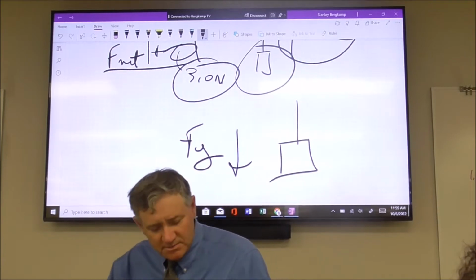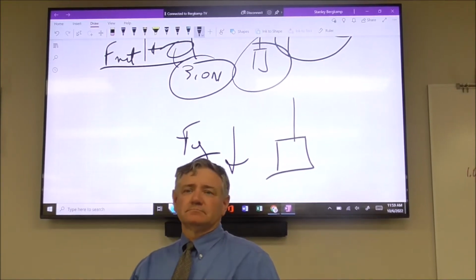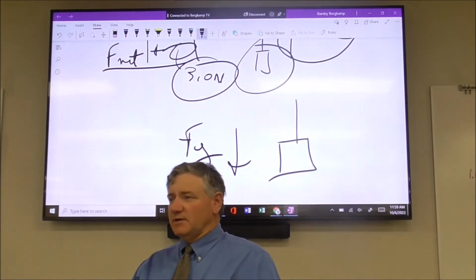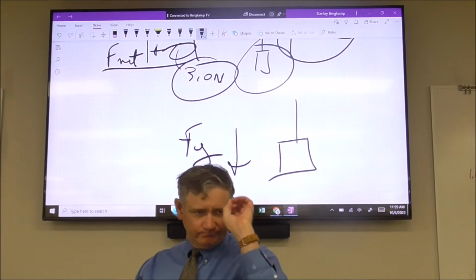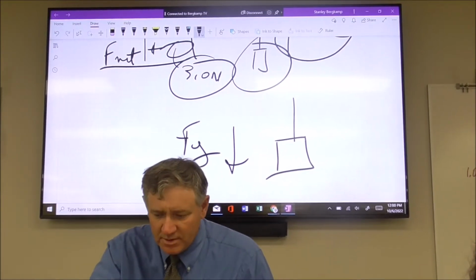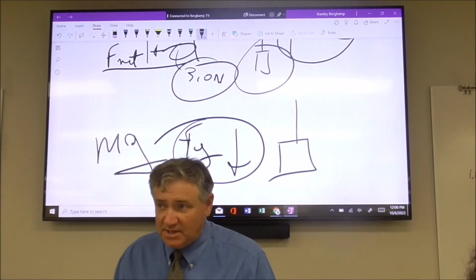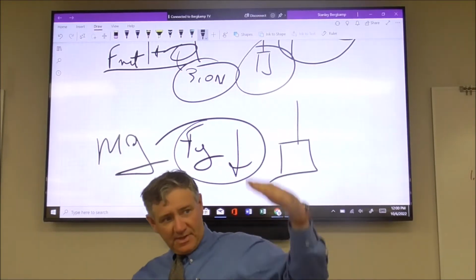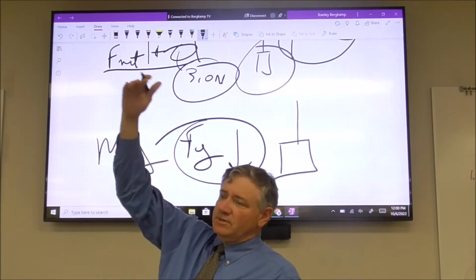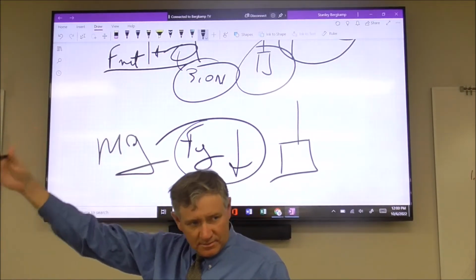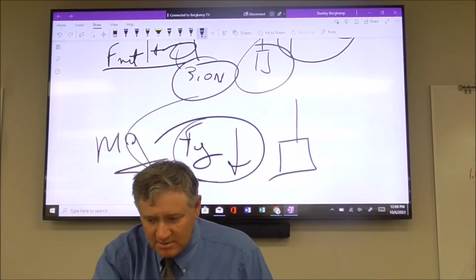What are the two most important words on question number 10? Constant velocity. Therefore, the forces add up to zero. If you know what your gravitational force is, which you find by taking mass times gravitational acceleration, make that a negative value, then the force in the cable is going to be acting upward. That's going to be a positive value. Make the two values add up.